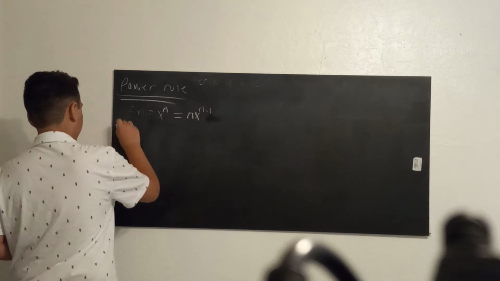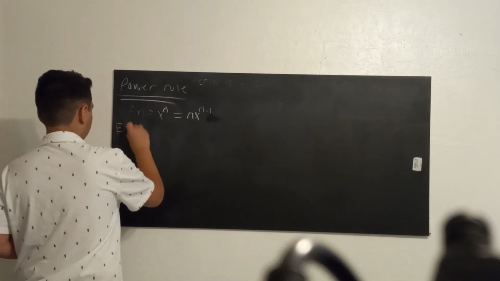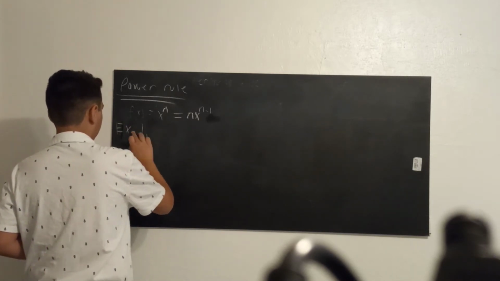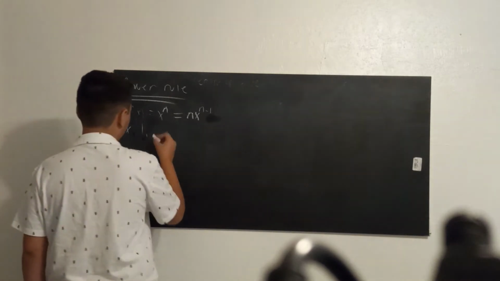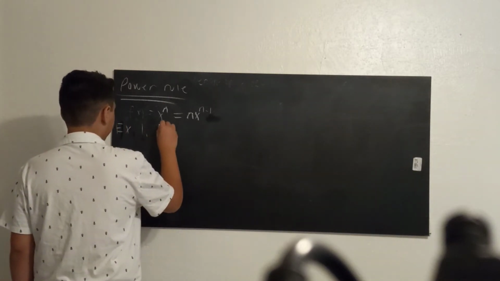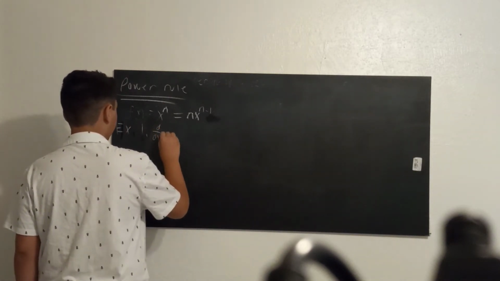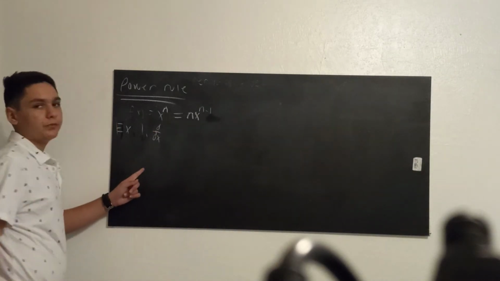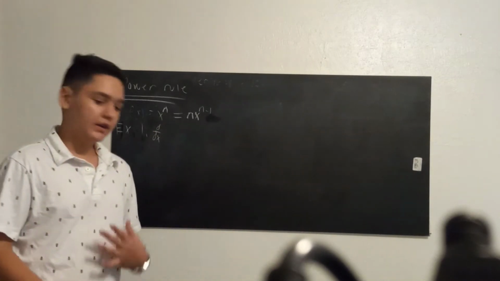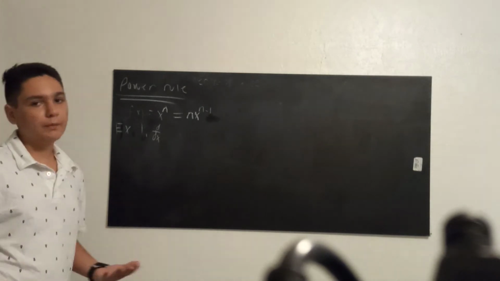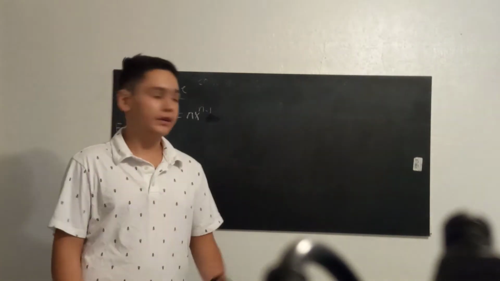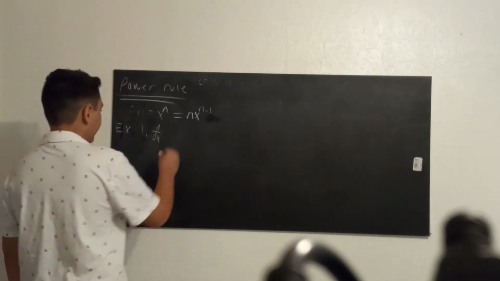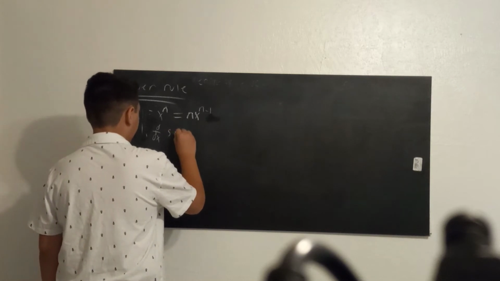Say example 1. d/dx. This d/dx, that's another form of asking for a derivative. You usually use it the most from what I've seen. So let's do d/dx of 5x cubed.